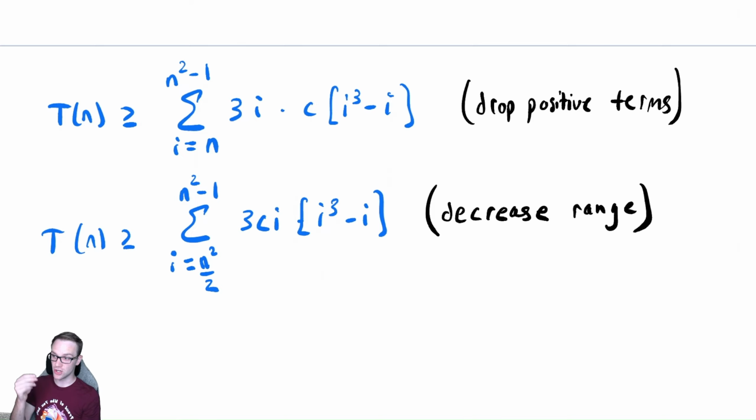And now, just as we did with our upper bound, we're going to replace each term with the min. In our upper bound, we replaced it with the max. Here we want to replace it with the min. So we're going to plug n squared over 2 in for i.